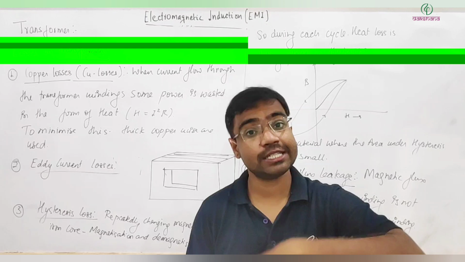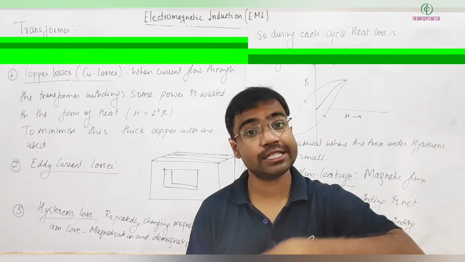Here we used these sheets. Instead of that, if I am using one complete iron core, then you can see the thickness is very high. Changing flux is linked, and a lot of eddy currents will be there. So this loss is called eddy current loss.